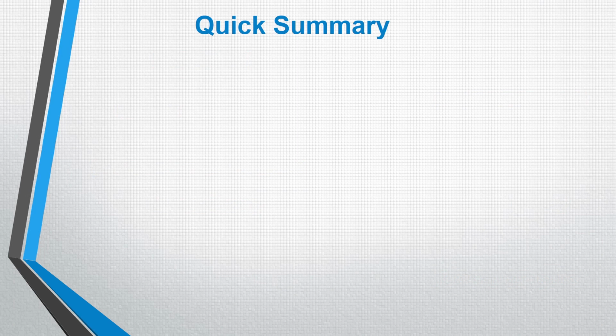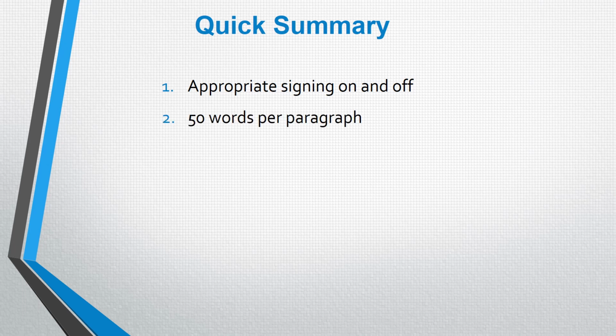So let's just quickly summarize that then. Make sure you appropriately sign on and off your letter, as I have done there. Remember, you're aiming for 50 words per paragraph, and you do this by adding details to the ideas you came up with in the planning stage.